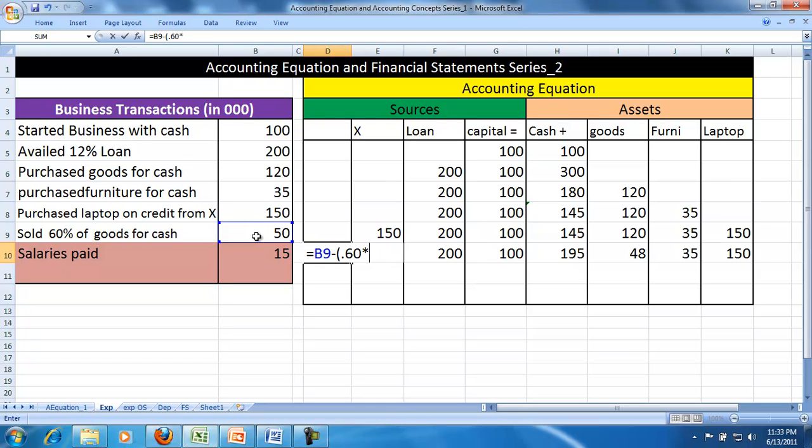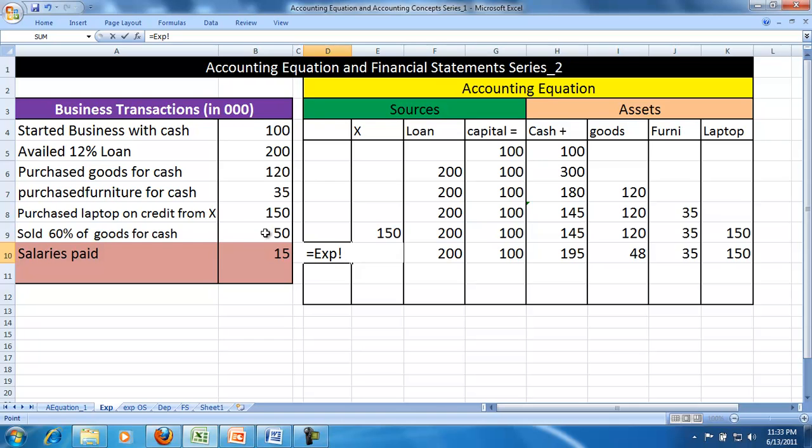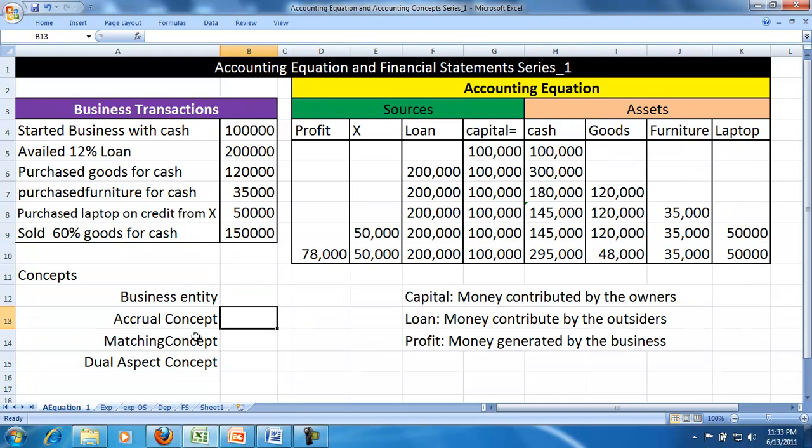Let me check: they sold goods for 150. We don't want a new item, so 150.